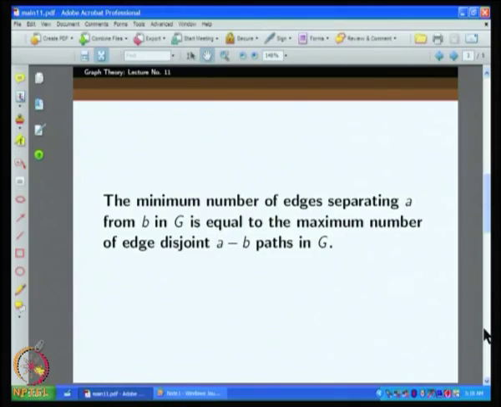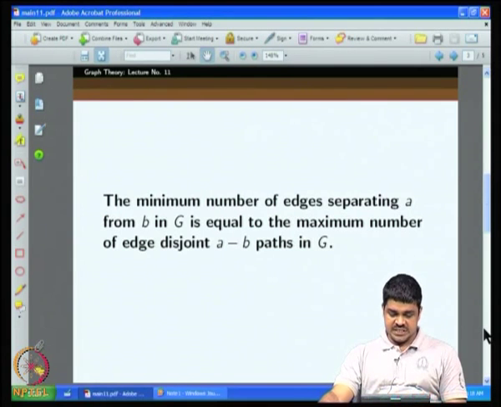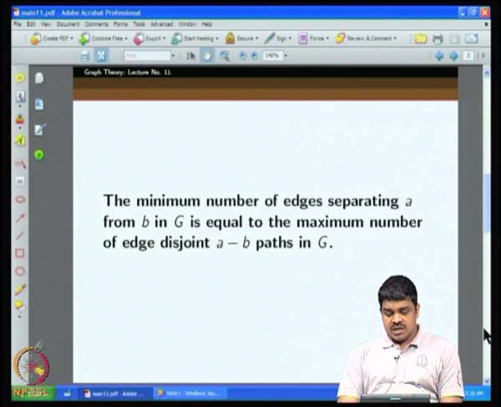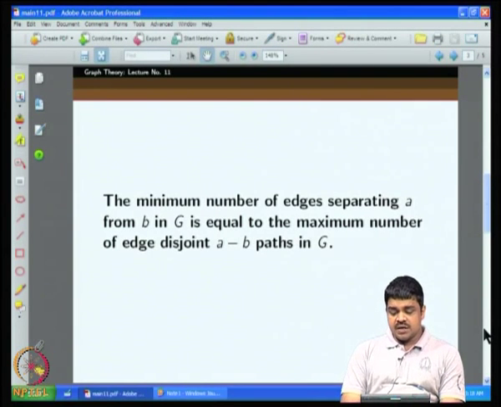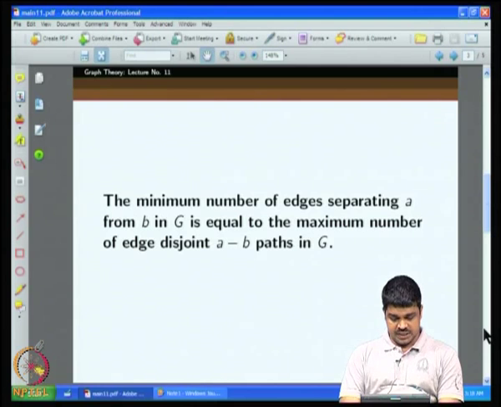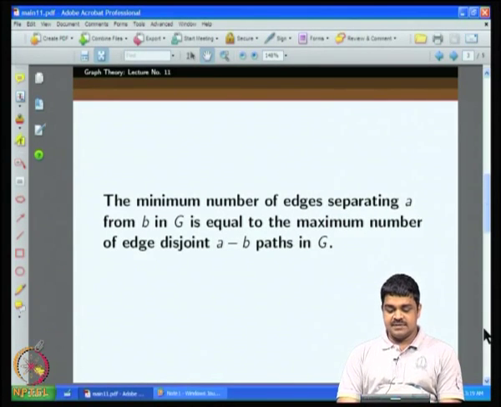Now, how does the line graph help us to do the edge version of Menger's theorem? Let us look at the edge version of Menger's theorem. A and B are two vertices in G. Suppose the minimum number of edges separating A from B in G is equal to the maximum number of edge disjoint AB paths in G. That means you are given two vertices.